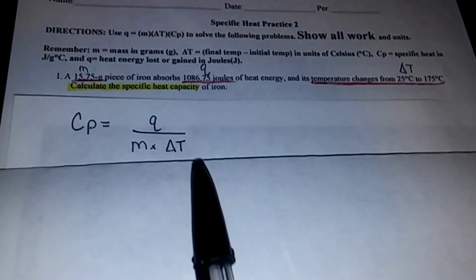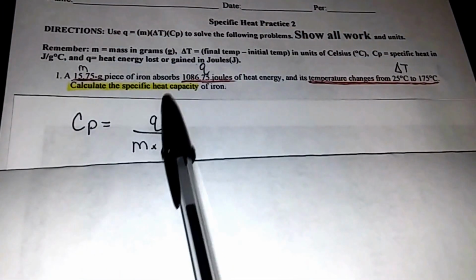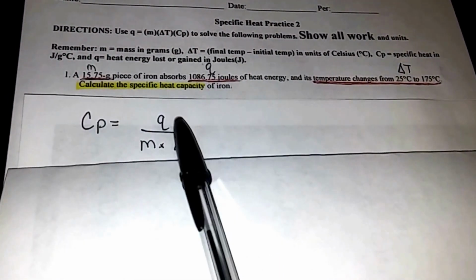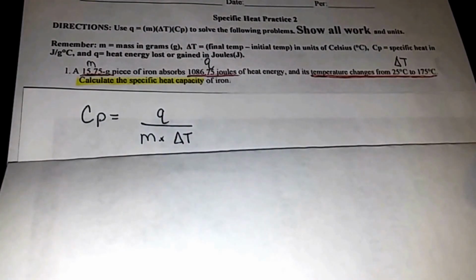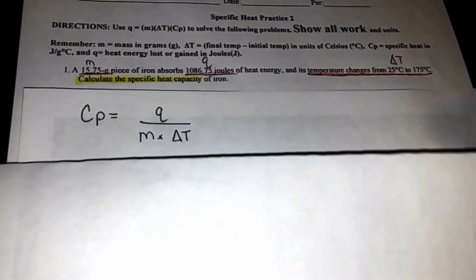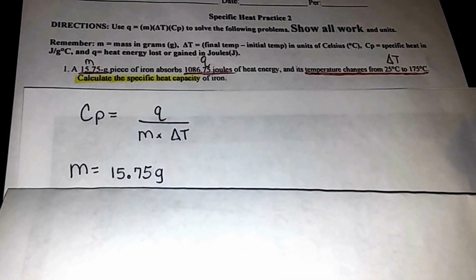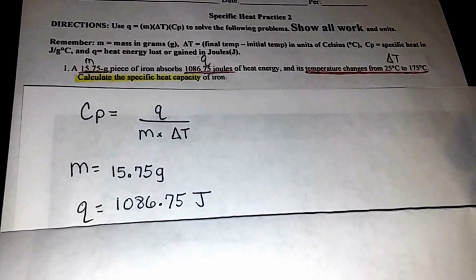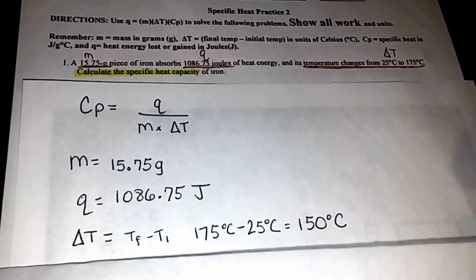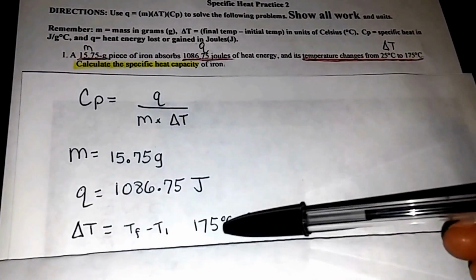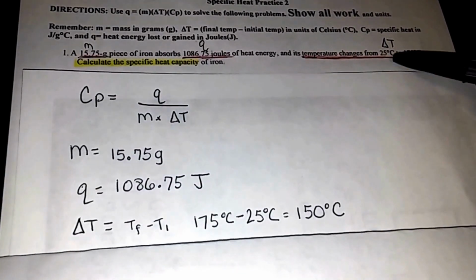Okay, so there's the formula as we said before, because they're asking us for specific heat capacity. There it is. And remember that we figured out what everything stood for. So I'm going to rewrite it again. So m is 15.75 grams, Q is 1086.75 joules, and then delta T: our final temperature was 175 degrees Celsius, and our initial temperature was 25 degrees Celsius.